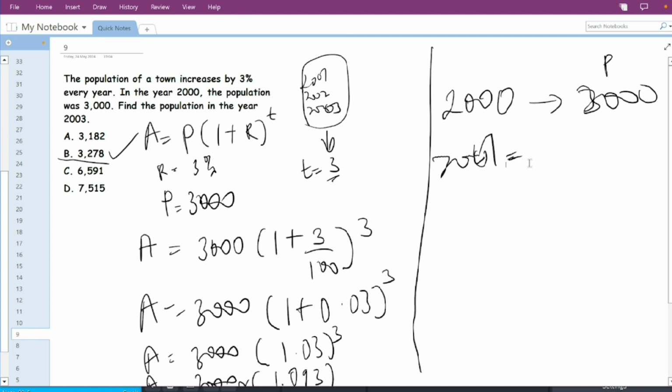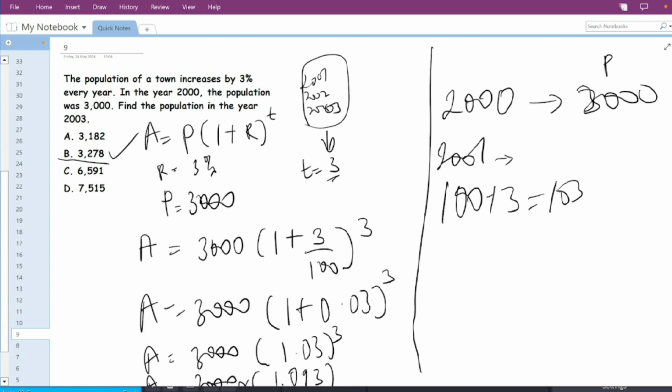Like I said earlier, you might have to find 3% of 3,000, then add the result to the 3,000. But in some cases, you don't need to do that. Since you know it increases by 3%, you add 100 to the 3% increase. That will give you 103. Then you do 103% of 3,000.